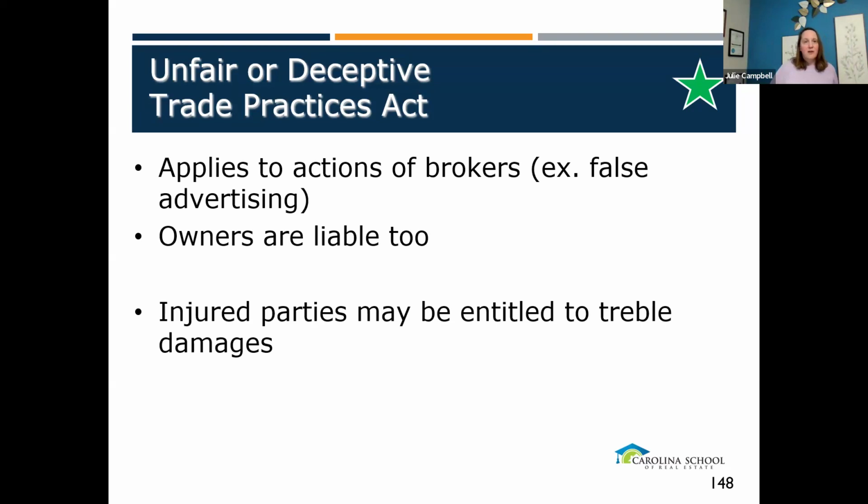Yeah, you take the money damages and you times it by 3. Ouch. So again, anybody can sue anybody for anything. Buyers and sellers can take each other to court all day, every day. The commission's only going to get involved with licensees.